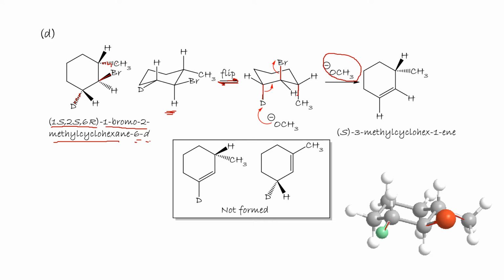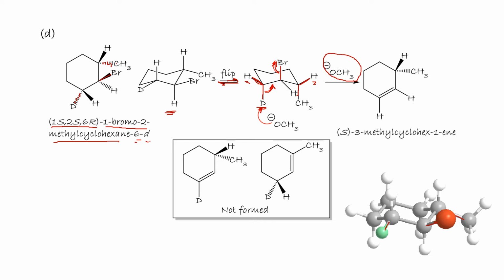So the methoxide will abstract the deuterium, 2 electrons will move to form a double bond and Br is out. The Br and the adjacent hydrogen are not anti-coplanar, so we cannot eliminate this hydrogen and that one. The only one available according to the E2 mechanism is the deuterium.